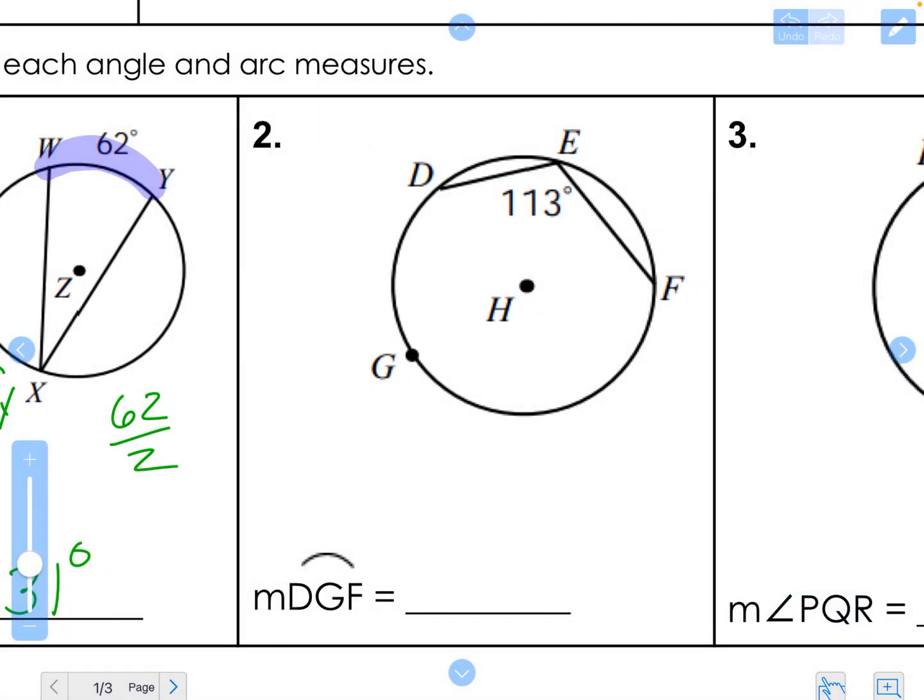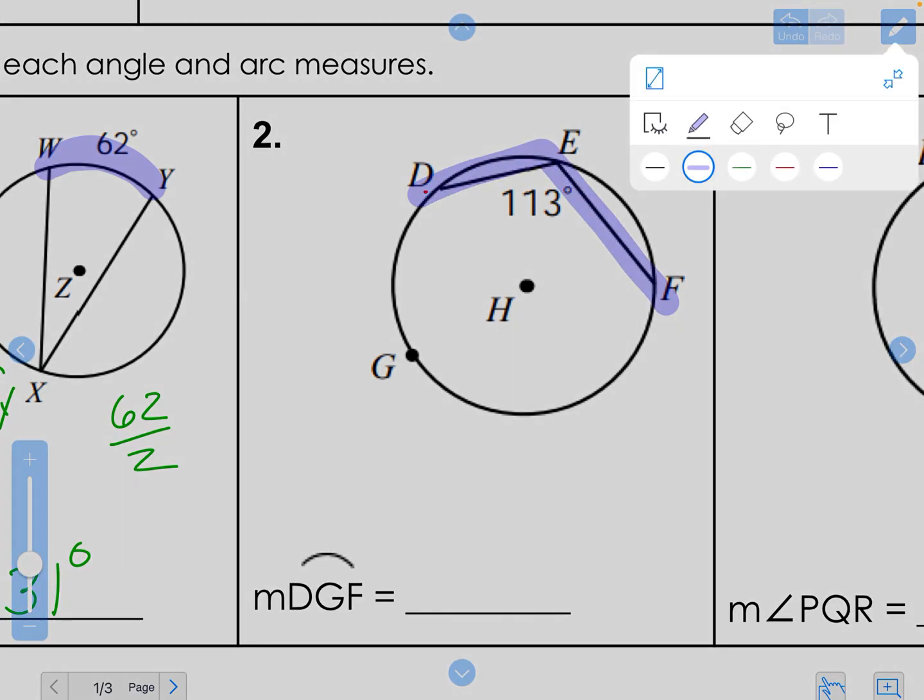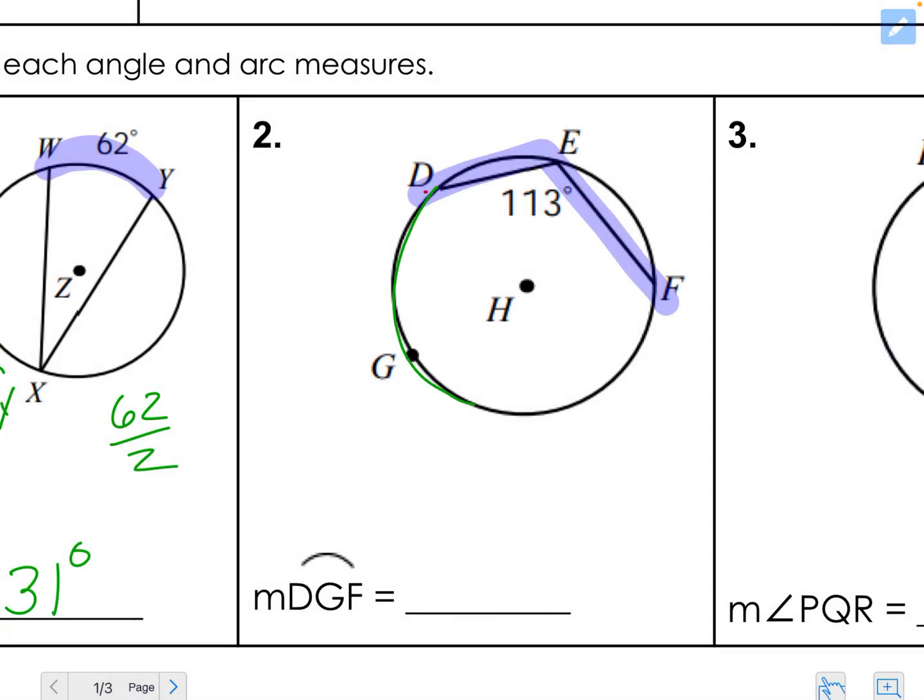So here we have angle DEF, and we're trying to find the arc DGF. If the angle is half of the arc, then the arc is going to be twice the angle. So 2 times the measure of angle DEF is going to equal the measure of arc DGF.